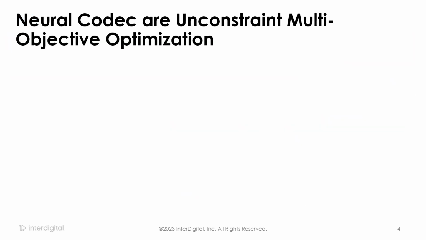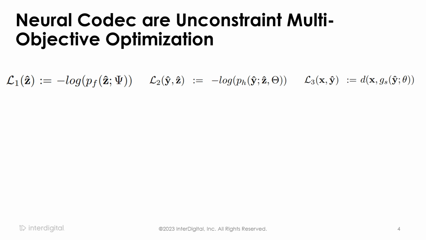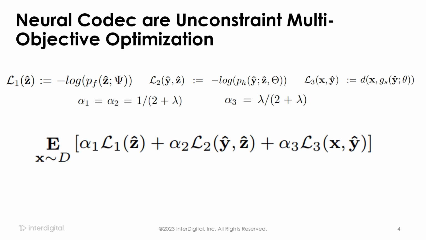In order to show some theoretical reason on why these gradients are correlated, let's first call the neural codec an unconstrained multi-objective optimization problem. If we define 3 objectives and 3 weights as shown, we can rewrite the loss of the neural codecs in the form of an unconstrained multi-objective optimization problem.